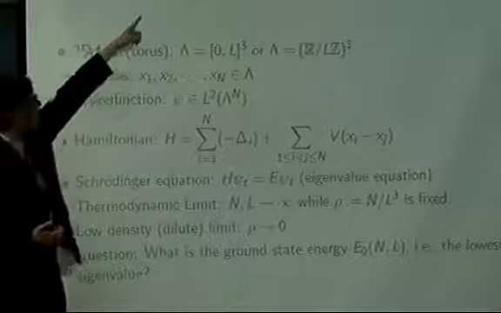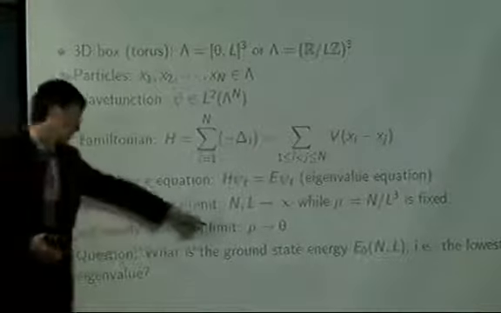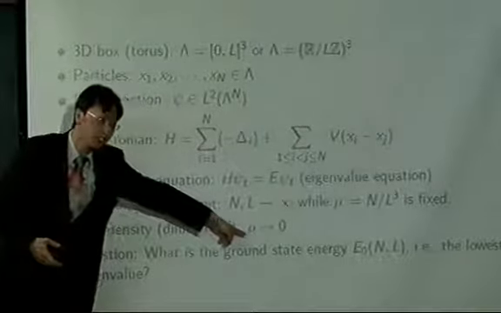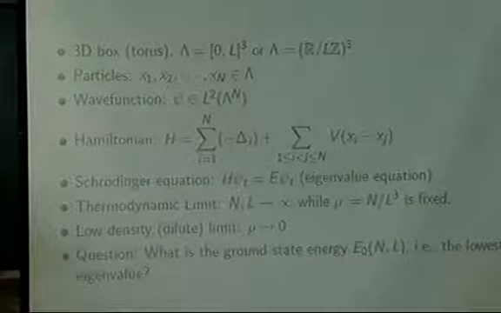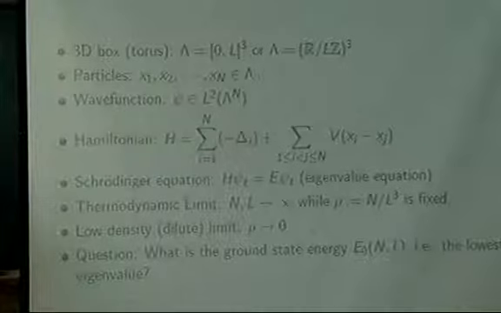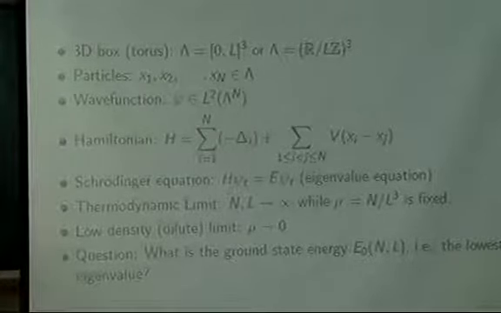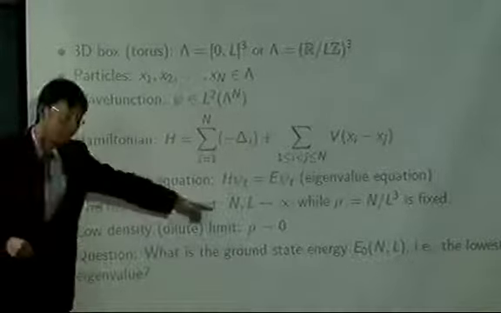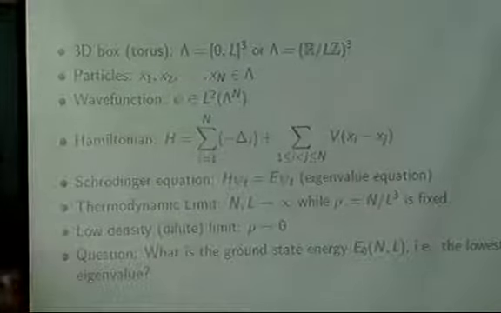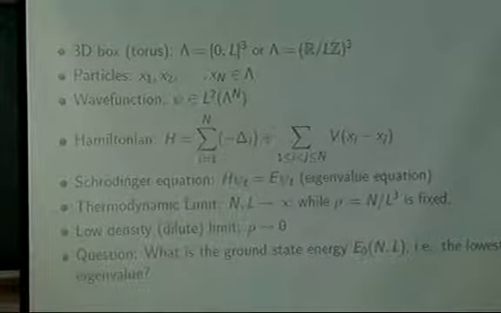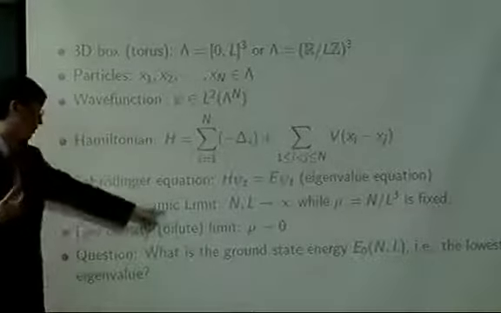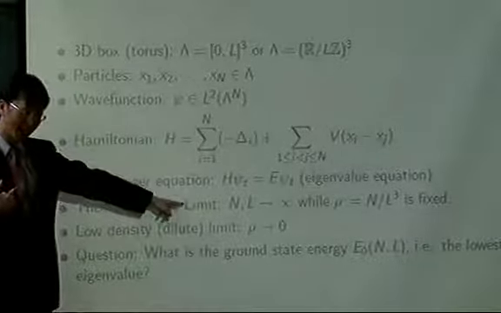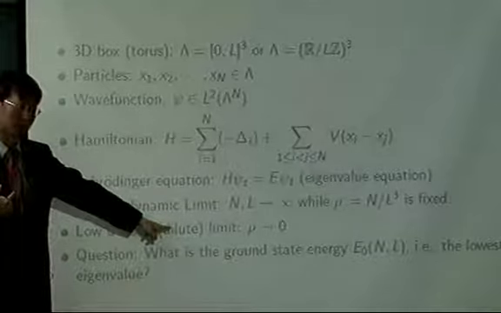The low density limit means that the density rho goes to zero, but in mathematics we need to be very careful when taking two different limits. So the order is to take this limit first and then this limit. Or you can think of it as taking the thermodynamic limit only, and rho is just a very small number.